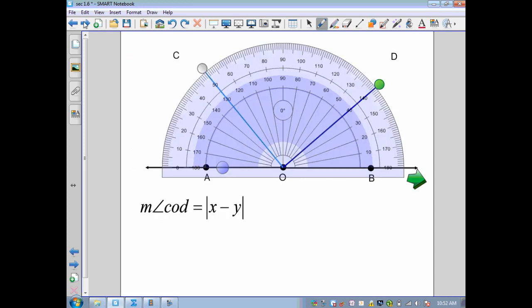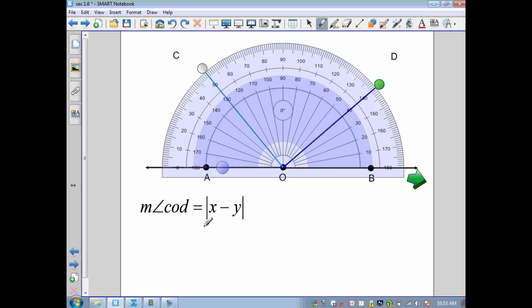Let's do some practice using the protractor postulate. Here, I have my line AB in opposite rays of OA and OB. Here, I'm going to have point C on the light blue ray and point D somewhere on the dark blue ray. And what they're saying is, if I measure from OA to OC, this measure turns out to be 50 degrees.